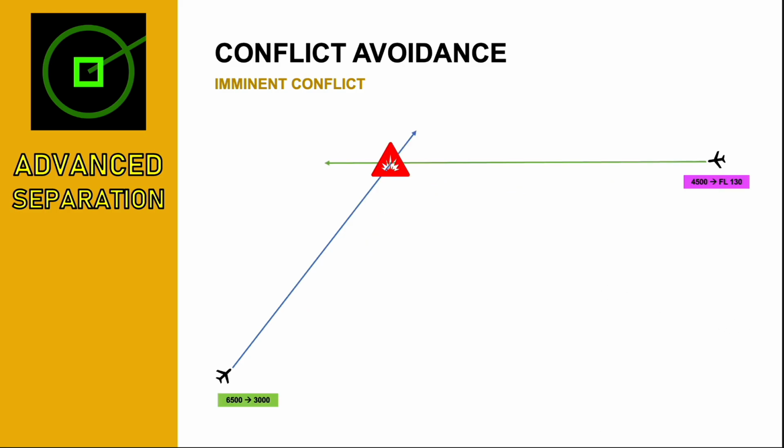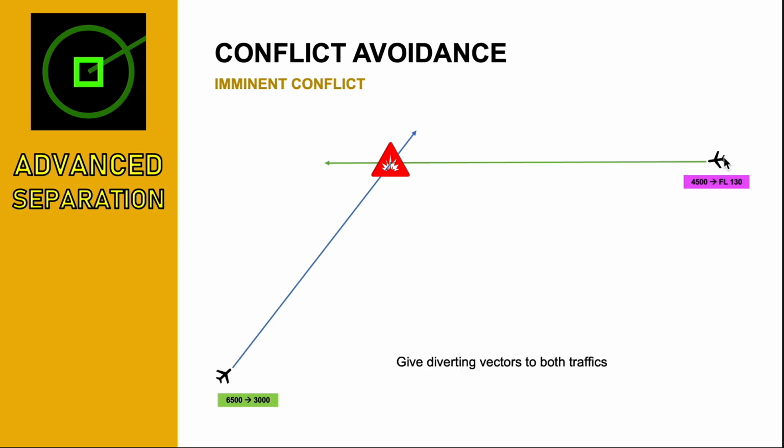And then you have this situation, which is the descending and the climbing traffic. In this situation, it's an imminent conflict because it's within 1 minute. And then you have 4,500 feet flying to flight level 130. So in this case, you don't have really time to stop the descent or to stop the climb. In this case, you just divert the traffic.